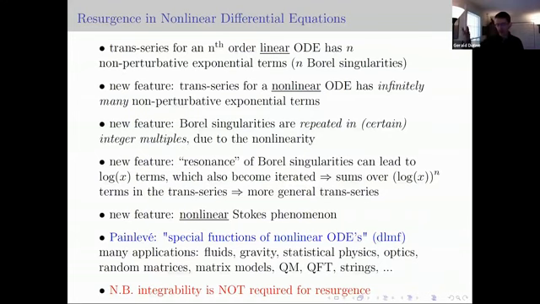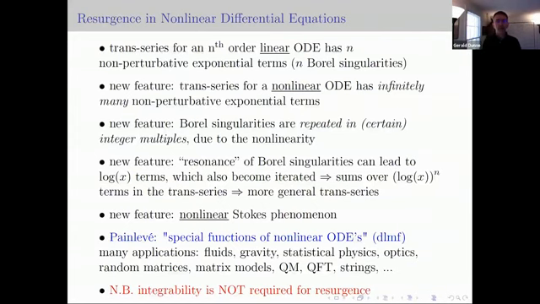As soon as you generate an e to the minus x, a nonlinearity will generate e to the minus 2x, and so on. A very trivial example of that is that if you take two independent solutions to a second order linear equation and then take their ratio, you will clearly generate an infinite expansion in exponentials.